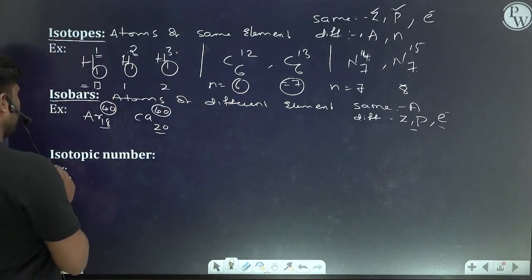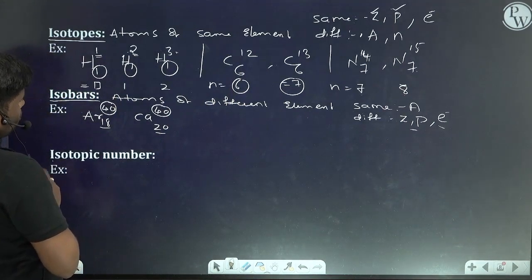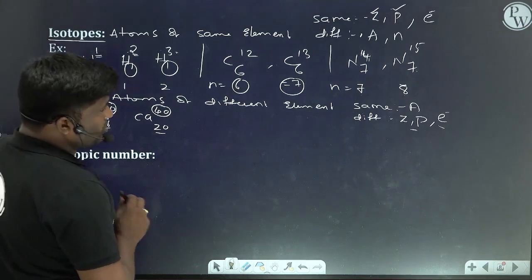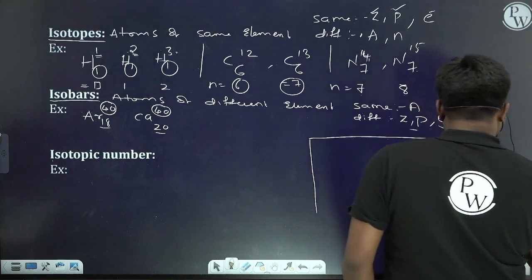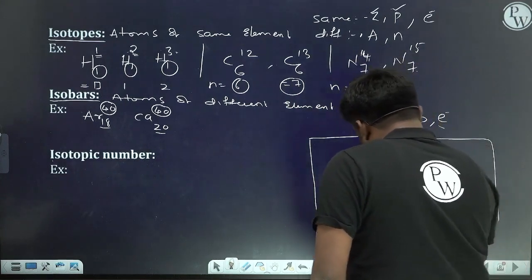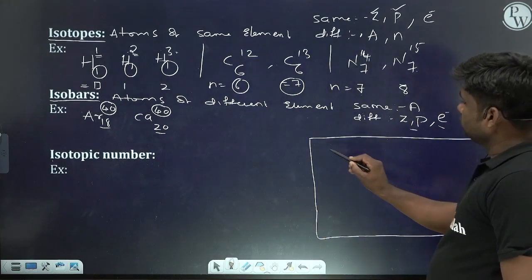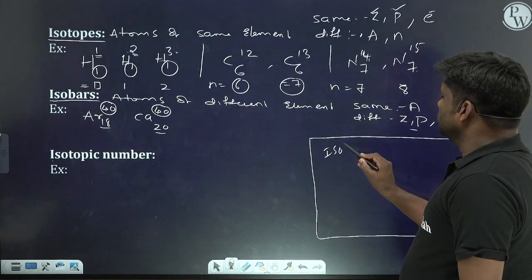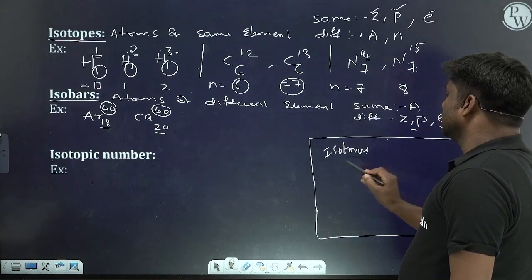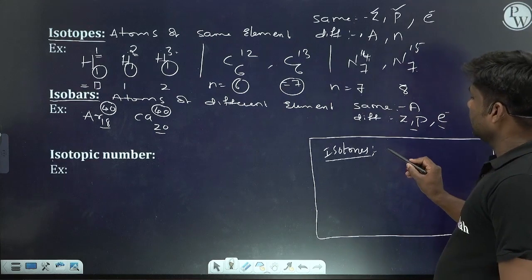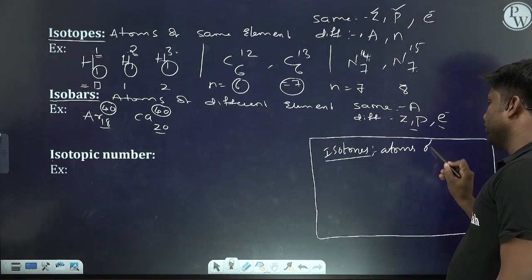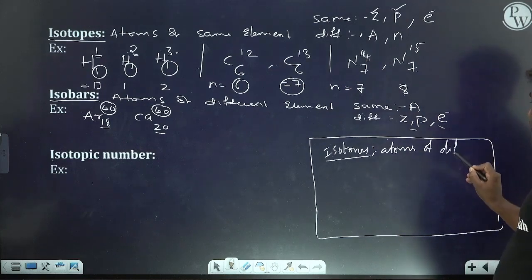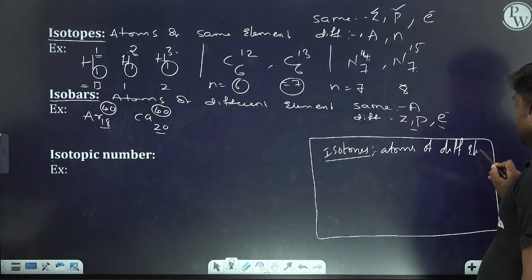Next, isotopic number. Before isotopic number, we will be discussing isotones. Isotones are having atoms of different elements only.